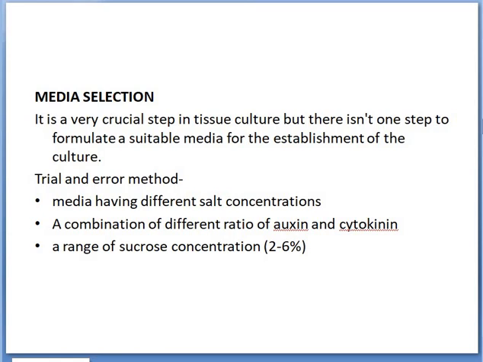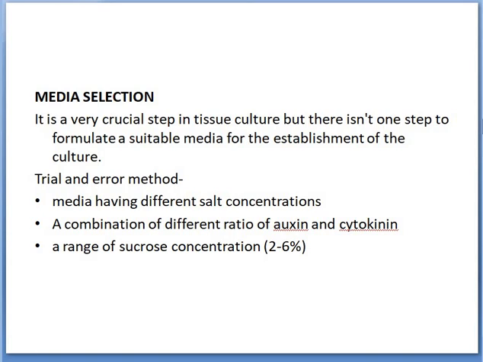media selection is a very crucial step in tissue culture. There is no single step to formulate a suitable media for the establishment of a culture of any plant species. It may take several years to develop a suitable tissue culture media, which vary with the species as well as the explant, which means within the same plant variety or species, for the use or culture of different explants, that is the shoot tip or the leaf or any other organ, the media composition may have to be varied.